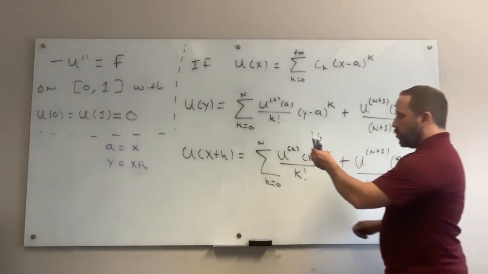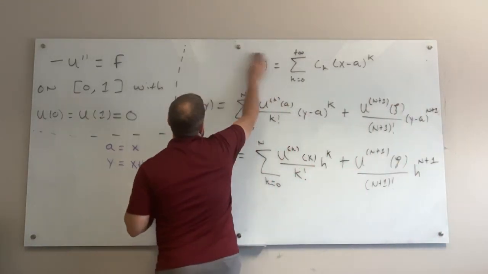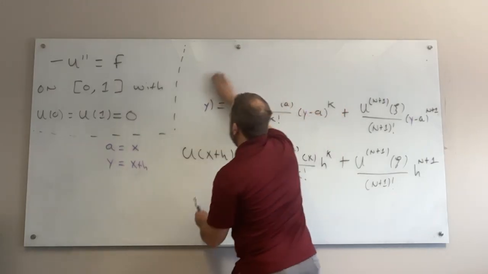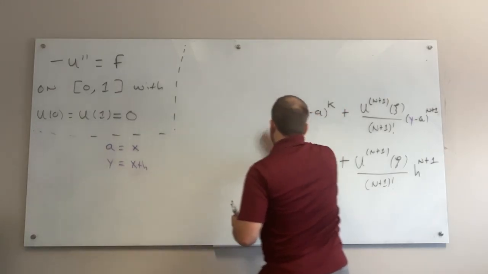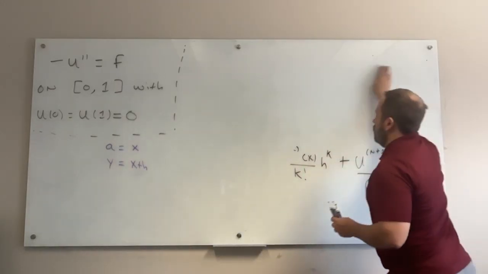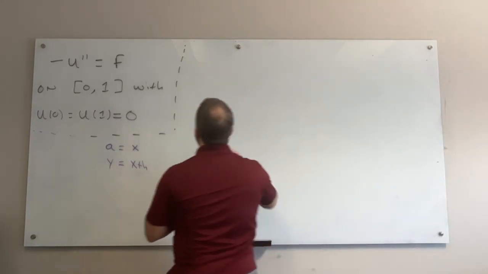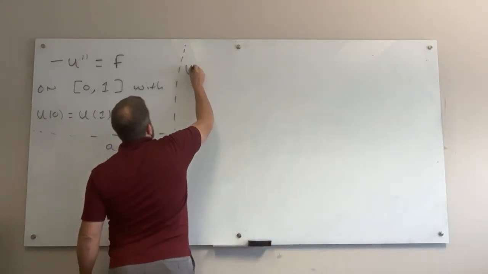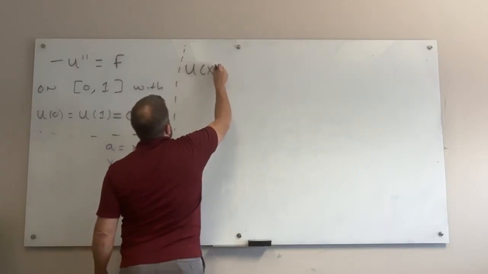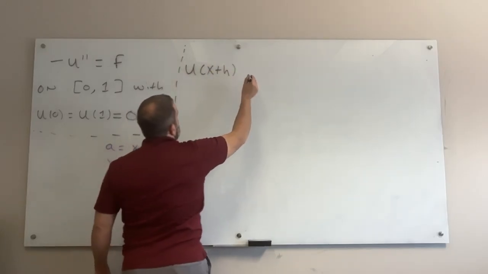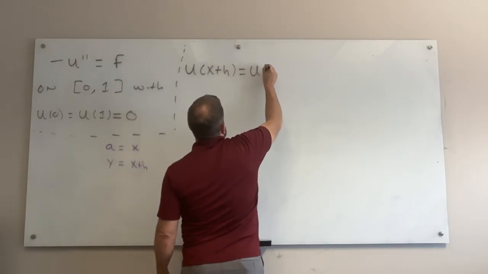So I want to do explicitly how we're going to apply this and write out the terms somewhat explicitly. So we're going to have u of x plus h. U of x plus h is equal to u of x.